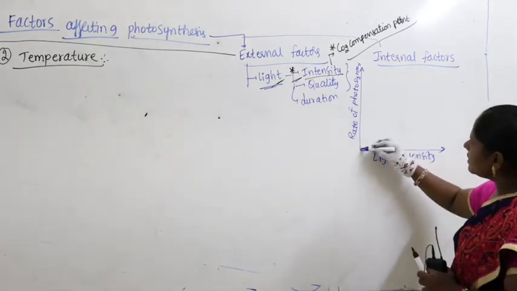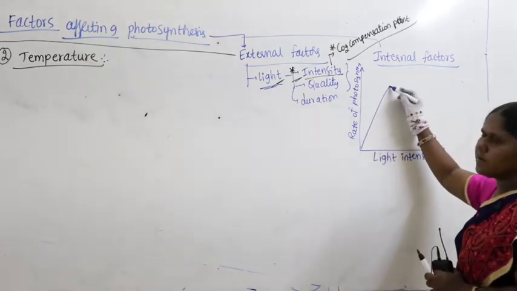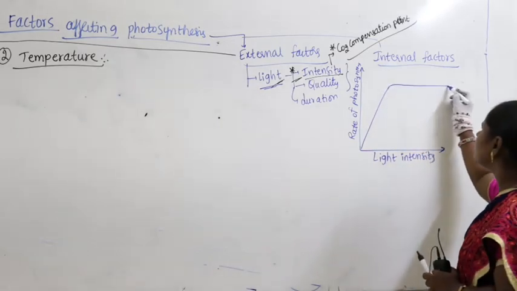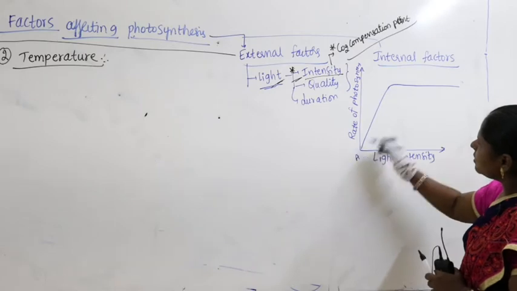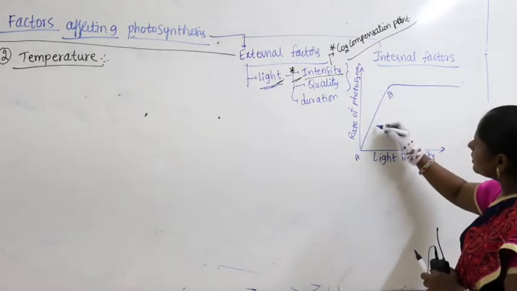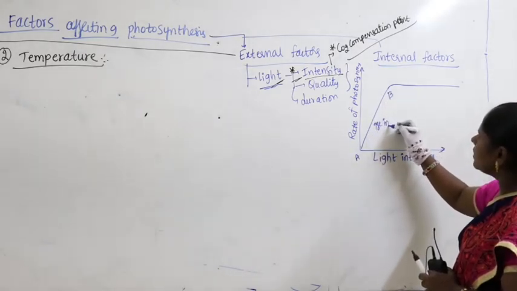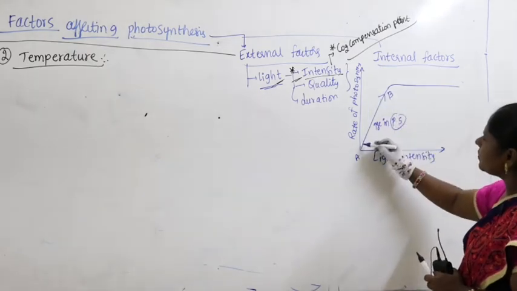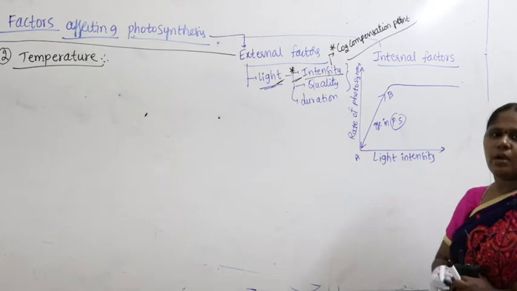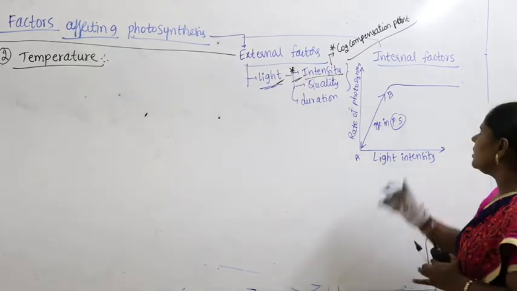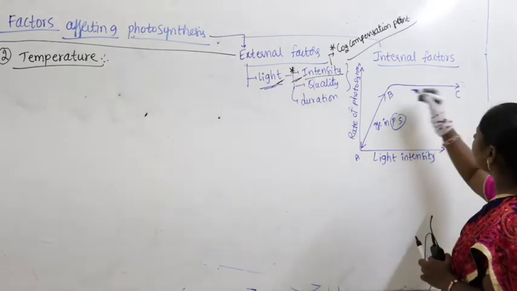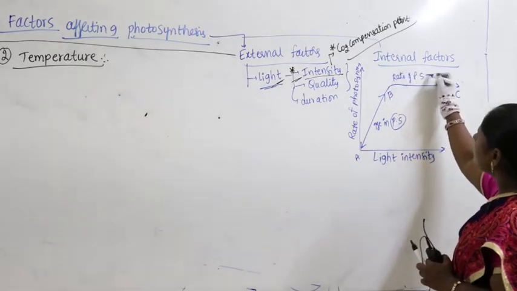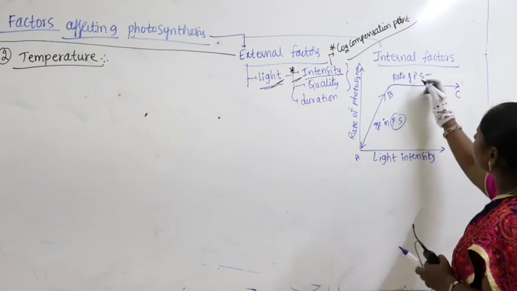When light is increasing, the rate of photosynthesis also increases, from A to B. At the highest light intensity, from B to C, the rate of photosynthesis becomes constant.